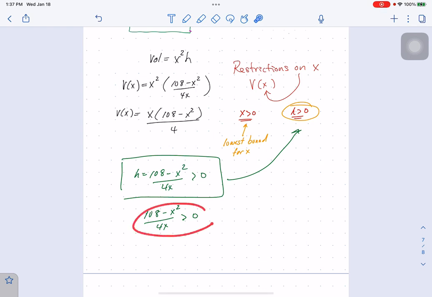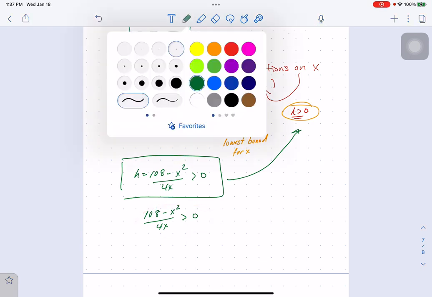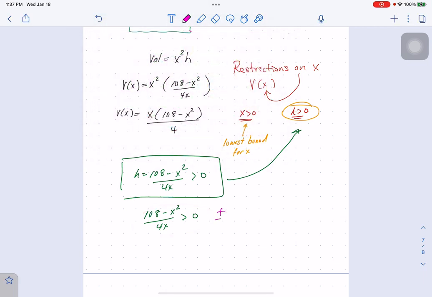There's 4 possibilities: a positive over a positive, greater than 0; a negative over a negative, greater than 0; a positive over a negative, less than 0; and a negative over a positive, less than 0. It's really only the sign that I'm interested in at the moment.